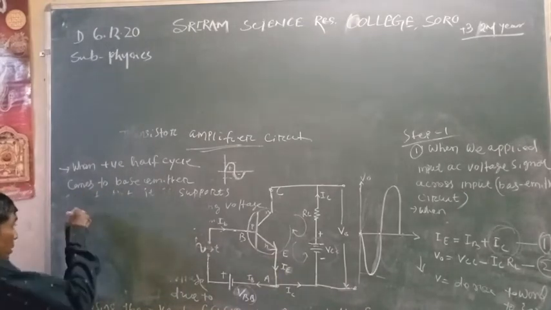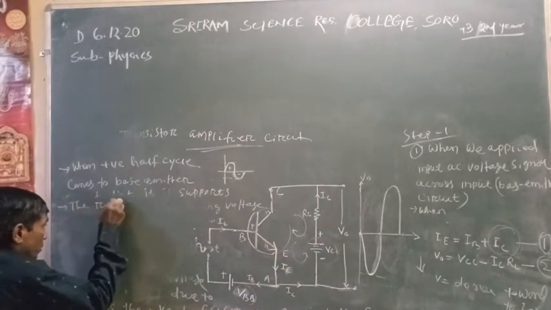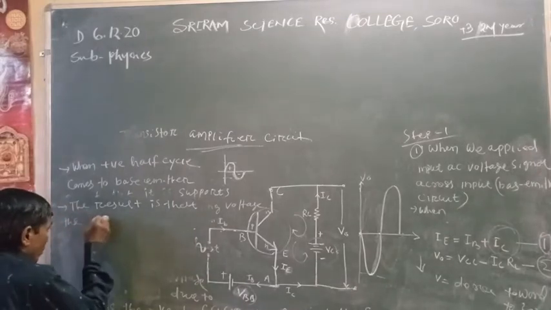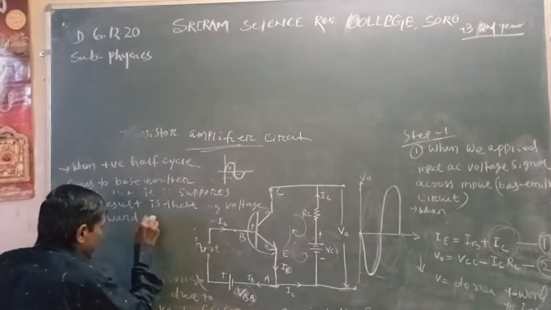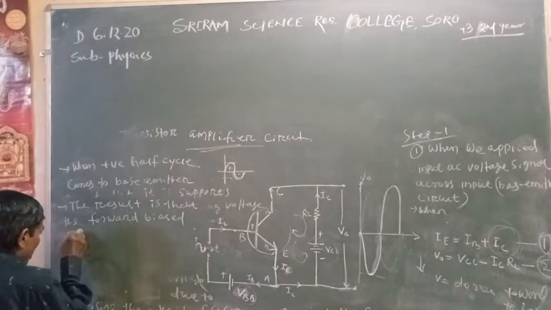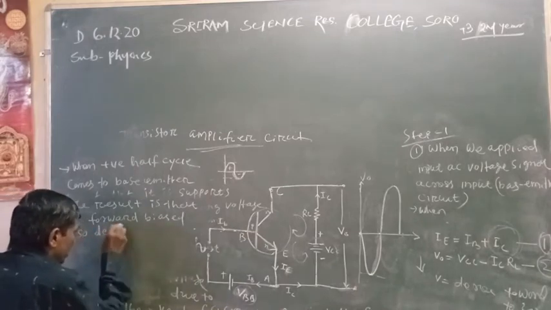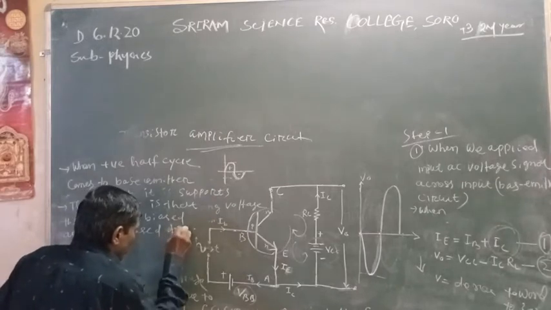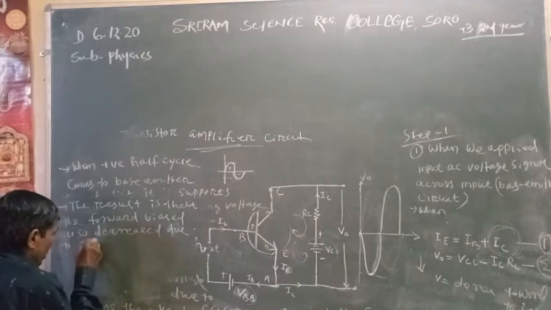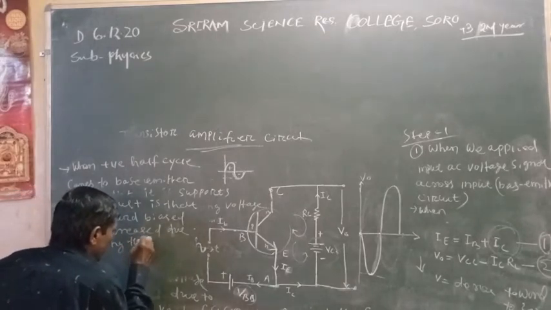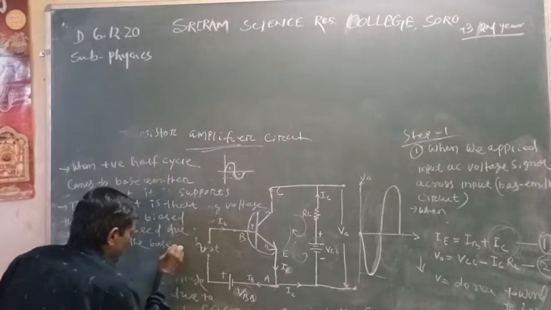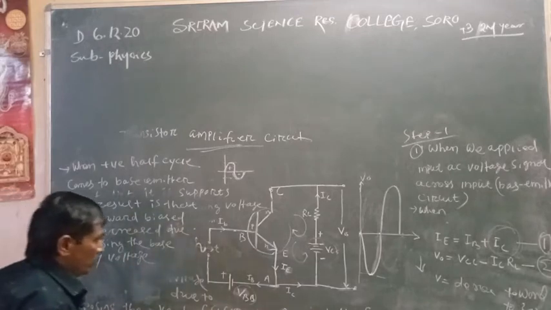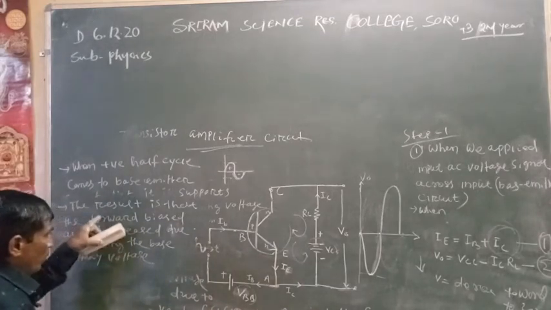The result is that the forward bias is also decreased due to opposing the base battery voltage. So now the forward bias is decreased.